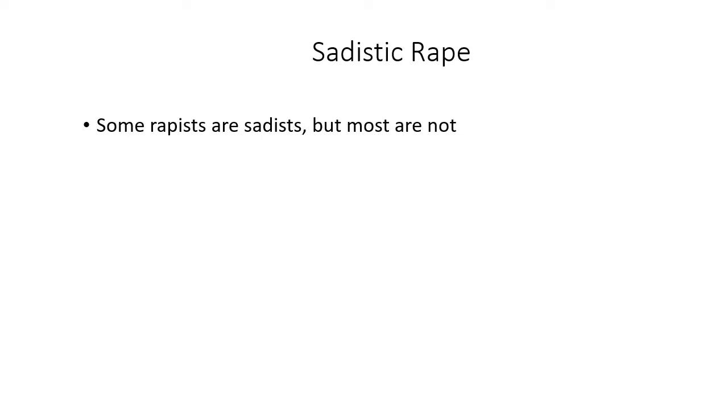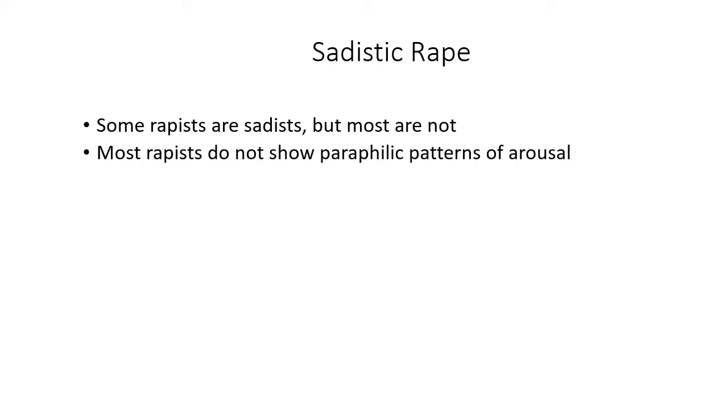When we talked about rape, in a lot of the cases, the person was actually concerned with the welfare of the person, at least afterwards. Sadistic rape, on the other hand, is where the individual has this desire to cause harm in the act of raping.